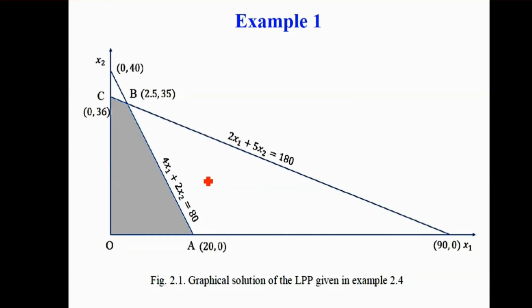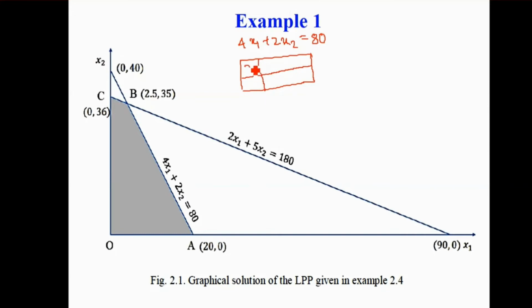So first, we can find out 4x1 plus 2x2 equal to 80. So we have the equation 4x1 plus 2x2 equal to 80. How to plot it, or find the line? We need 2 points.